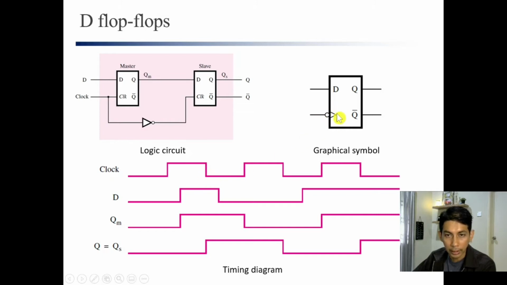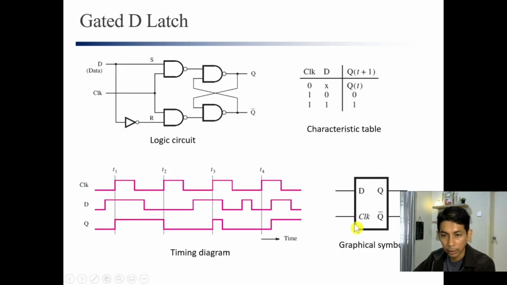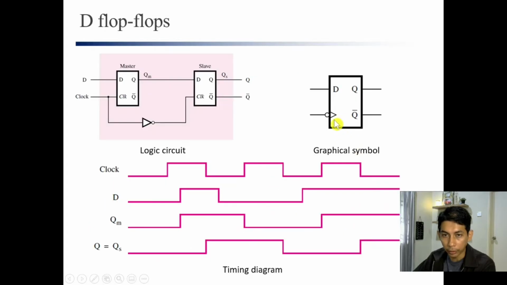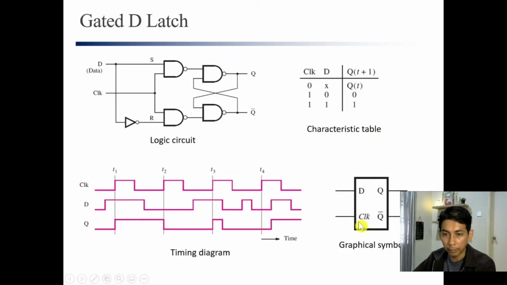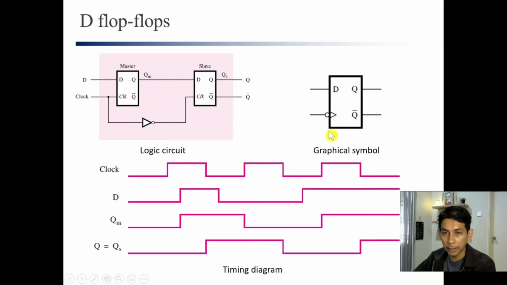In this case it is negative edge triggered, so you have a bubble. You don't have this symbol for a latch. The triangle here means that this is actually a flip-flop, but if you don't have that, this is actually a latch. So flip-flop means that the output is clock edge triggered.